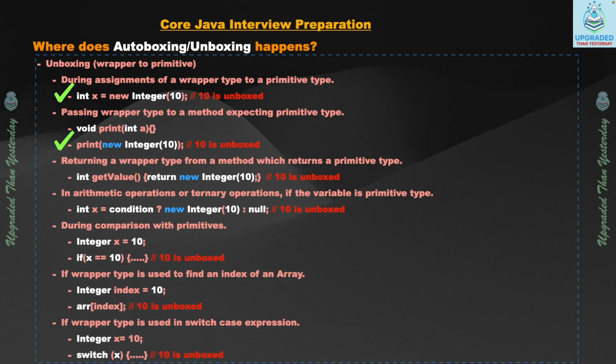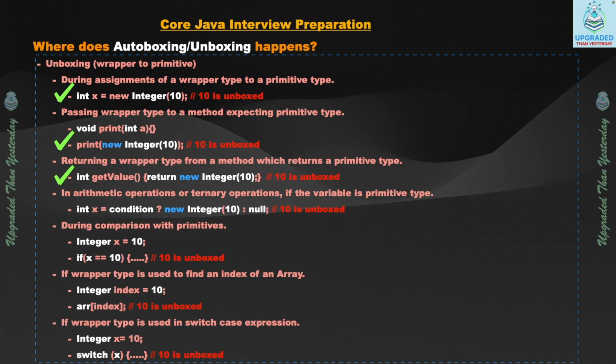Unboxing happens during returning a wrapper type from a method which returns a primitive type. For example, the get method is supposed to return a primitive int type, but it is returning a wrapper Integer object with a value 10. This is allowed because the wrapper Integer object will get unboxed internally.